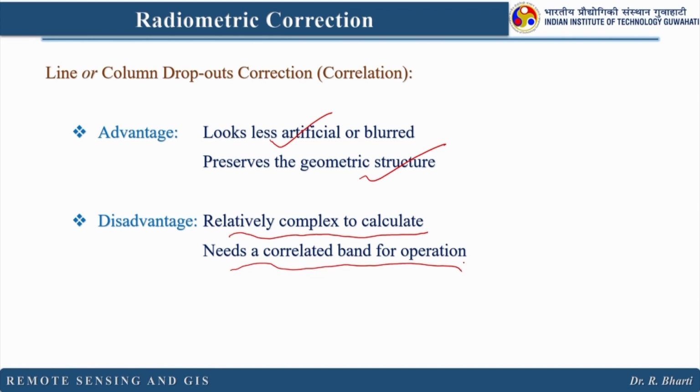I have told you that I will use the highly correlated band to extract those values and replace the 0 value which is there in the line or column dropouts. But if you do not have that particular correlated band in your sensor, in that case you will have some problem and then you have to go for averaging, or maybe replacing with the previous and next lines.